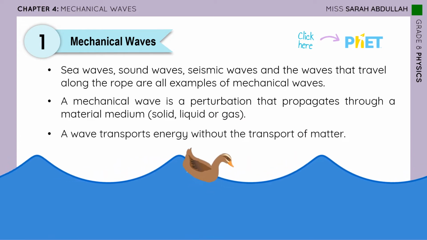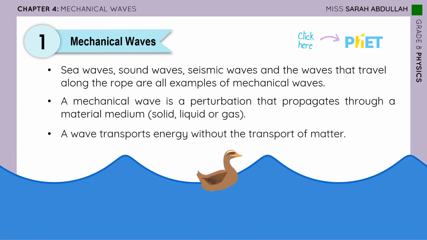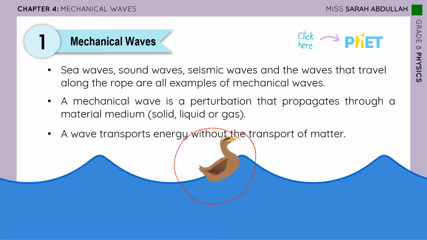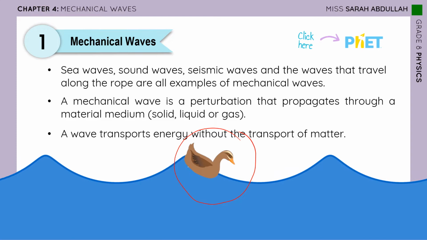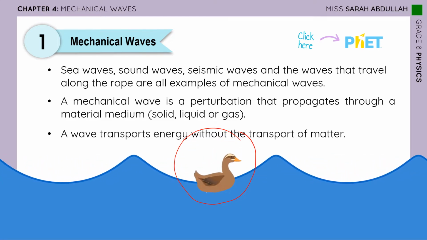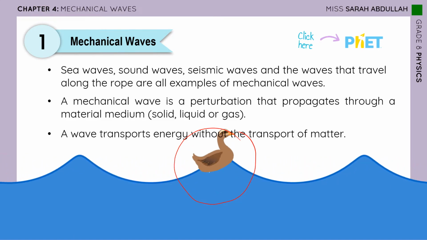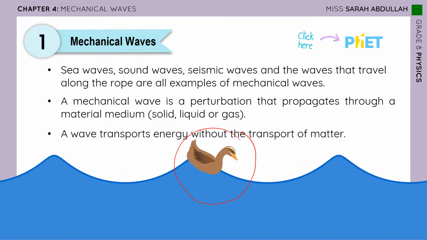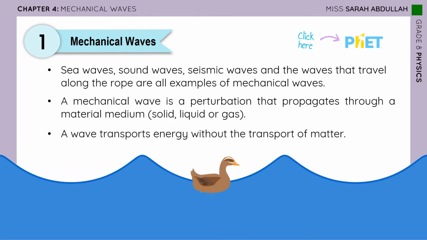Because a wave transports energy without the transport of matter. This duck is matter, right? It has a certain mass, it means that it is matter. And see, it is not being transported with the wave. It is only going up and down, because a wave only transports energy.